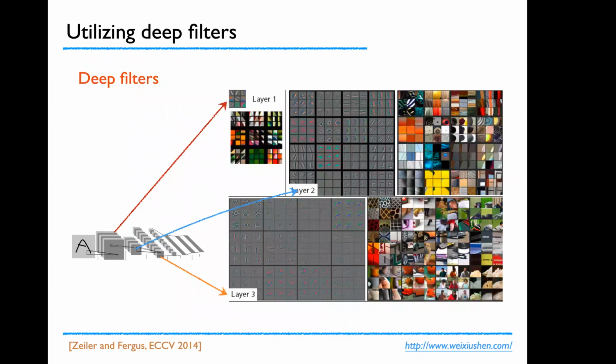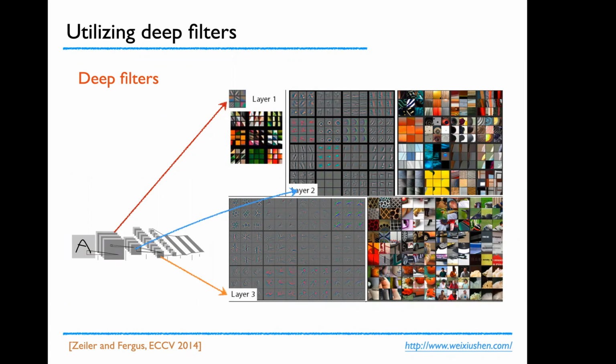And regarding the second aspect in the localization, classification, and learning paradigms, it is to utilize the deep filters as a part detector. We can use deep filters for localization and classification.